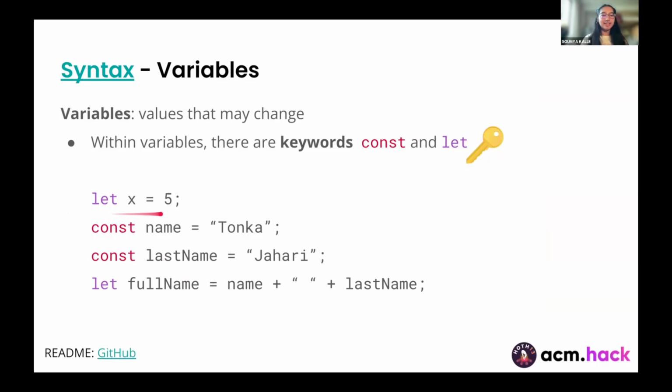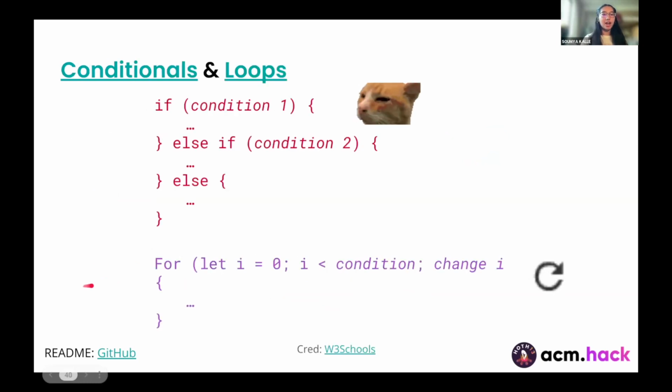So here we have let x equals 5, const, which is like constant. You can have the name Tonka, last name Johari. I don't know if that's how you spell Tonka, but let full name equal name plus space plus last name. That's going to be the full name, but let means later if you want to name Adam Smith, that's fine too.